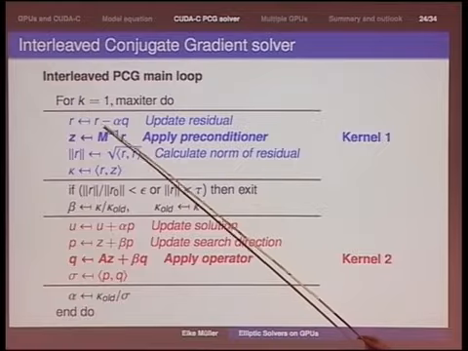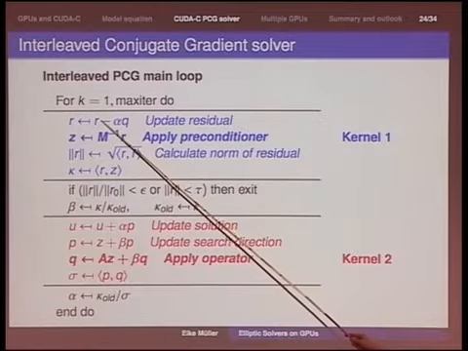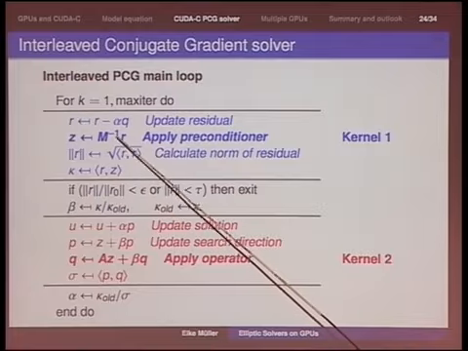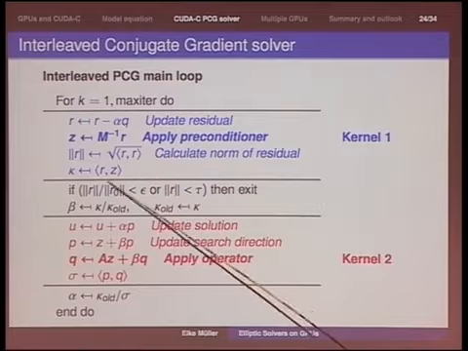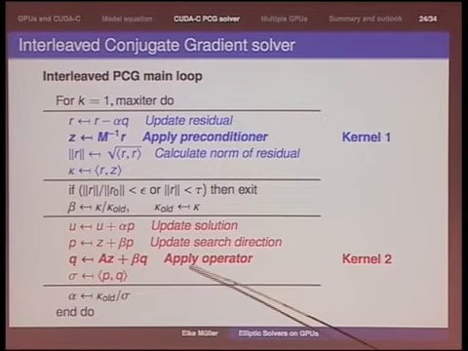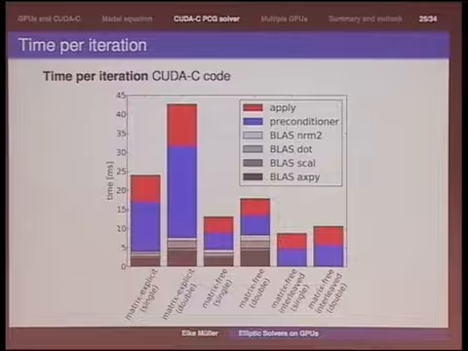And this is a good idea because here you need to load this R into memory, but you also need it here, and you need it here, and you need it here. And you only need to load it once instead of 1, 2, 3, 4 times now. And this reduces the memory access quite significantly. Then we've got another kernel which is organized around the apply method, and again you do some AXPY operations there and this scalar product when you apply the operator. And again, this reduces the number of memory accesses.